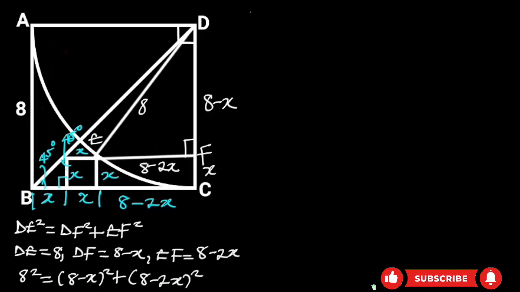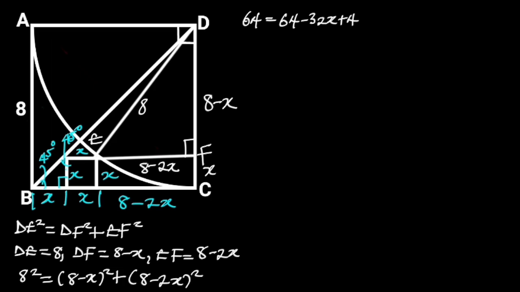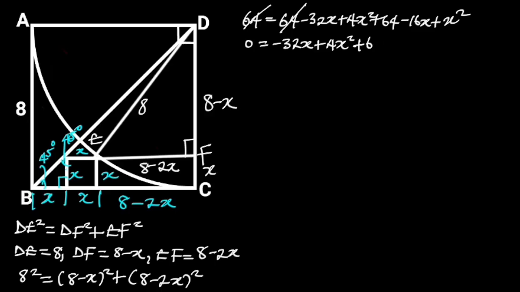Simplifying this equation will give us 64 is equal to 64 minus 32x plus 4x squared plus 64 minus 16x plus x squared. 64 will cancel out, and we are left with 0 is equal to minus 32x plus 4x squared plus 64 minus 16x plus x squared.